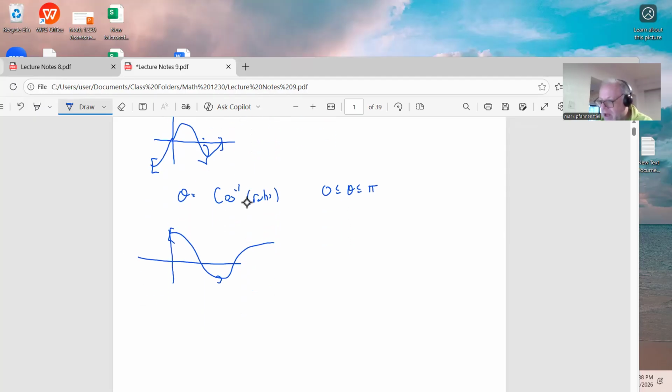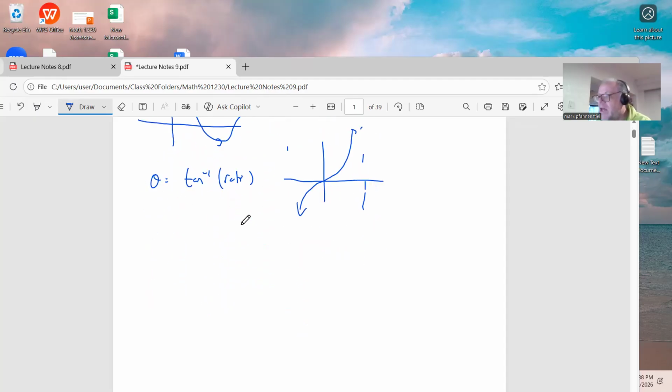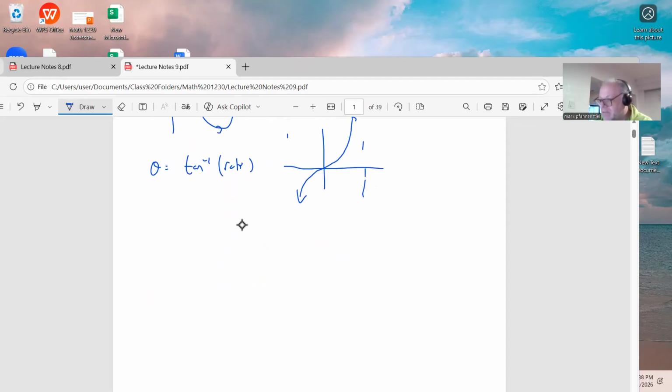For inverse tangent, we have theta is equal to the inverse tangent of some ratio. And with tangent, since we are going from negative pi over 2 to positive pi over 2, our theta is going to be between negative pi over 2 and positive pi over 2.